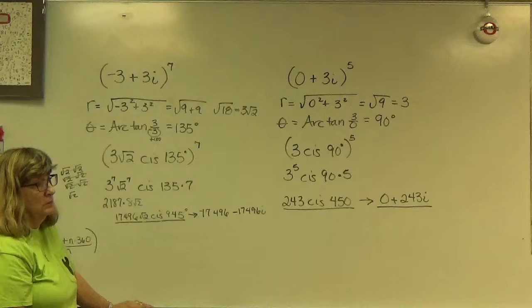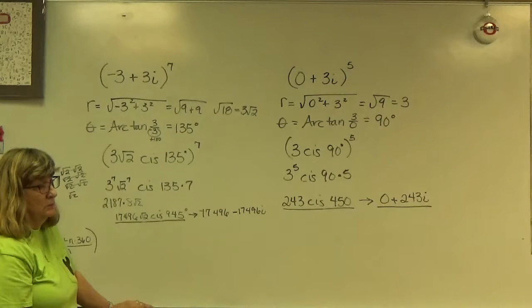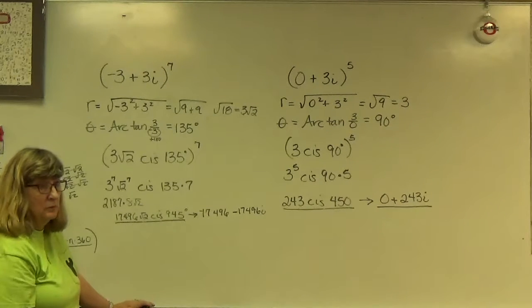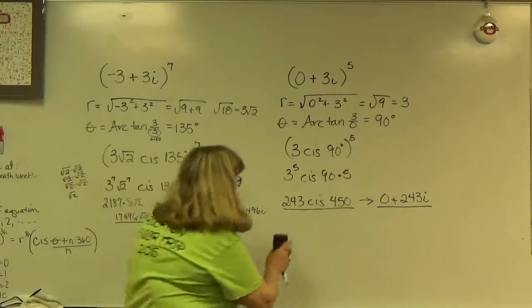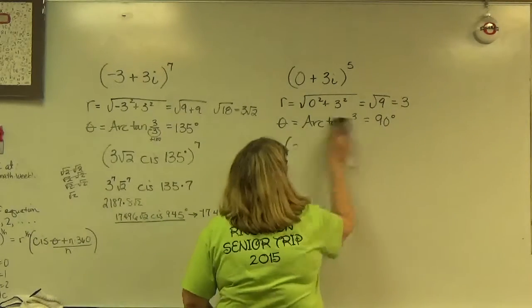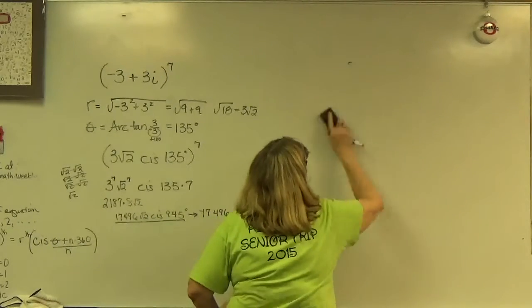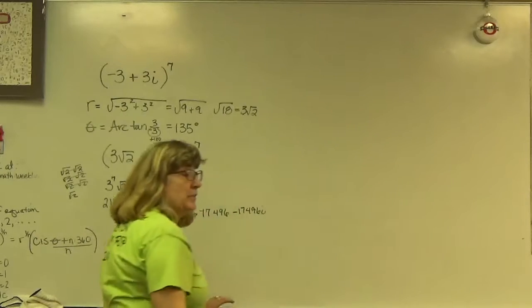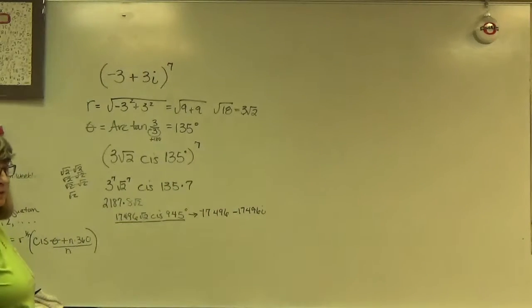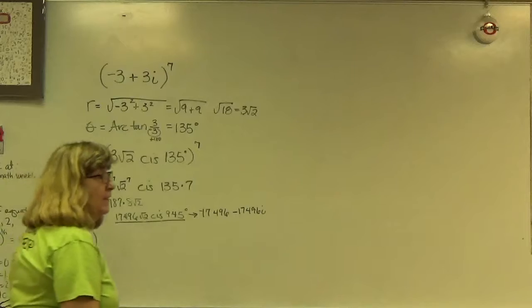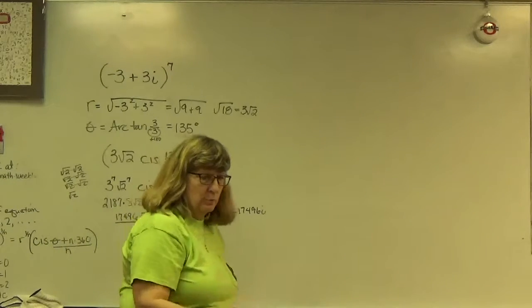We add 180. I see what I did. Did everybody come up with a negative now? Yeah. Okay, so that's raising to a power. Does everybody follow the power? Yeah. Okay, the next group, what's the next group?